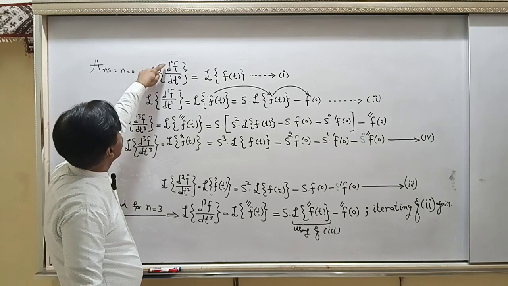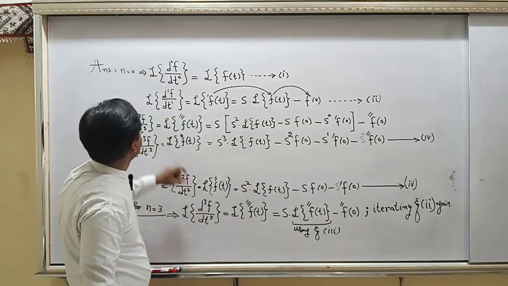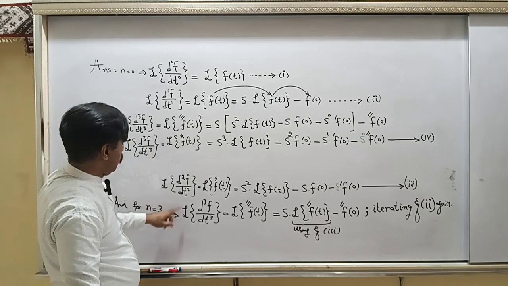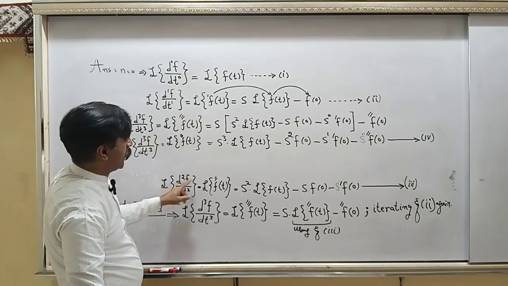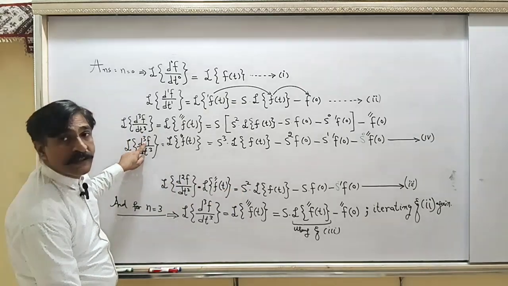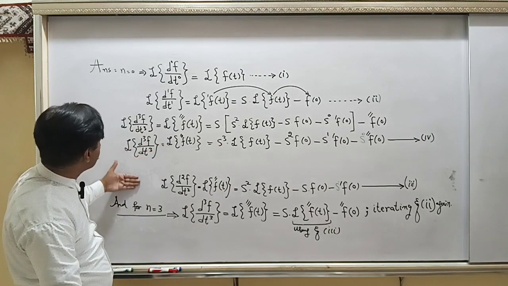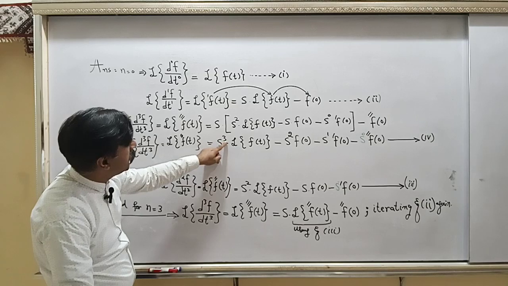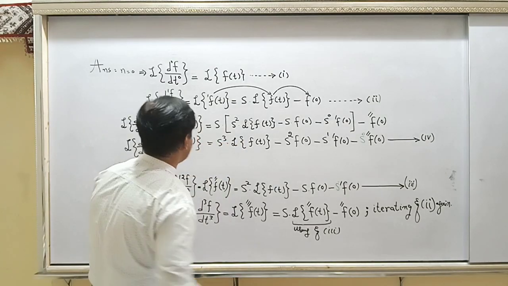If it is first order, then it is multiplied with s power 1. Second order, then there is s square, and when you have the Laplace transform of third order, then there is s cube, and when you generalize to nth order, then there will be s^n into L of f(t). So let's generalize.